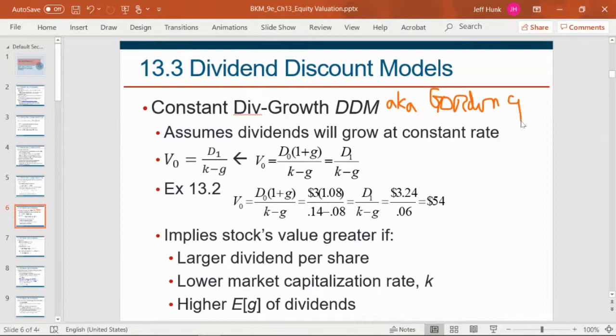Or just Gordon model. Well, obviously, somebody named Gordon developed this model. That's why it's called the Gordon growth model, right?